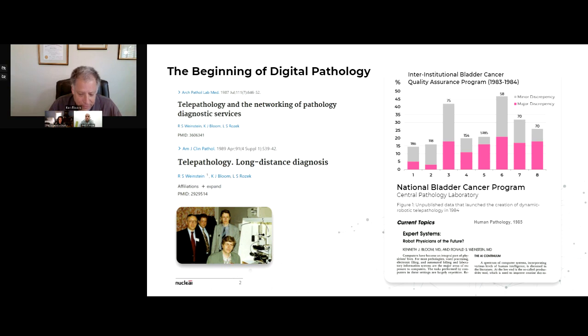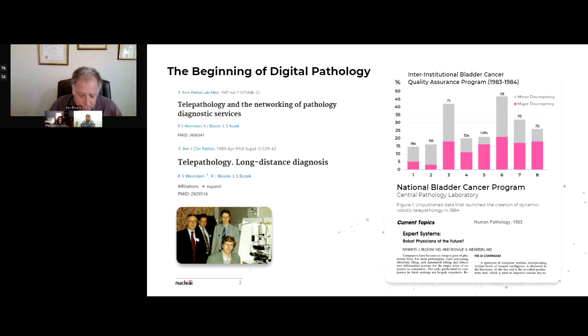changed my life. Ron was the director of the Central Pathology Laboratory for the National Bladder Cancer Project, funded by the National Cancer Institute, NCI. The lab reevaluated surgical and cytopathology diagnoses of patients who were enrolled in NCI bladder cancer trials before the outcomes of those trials were published.